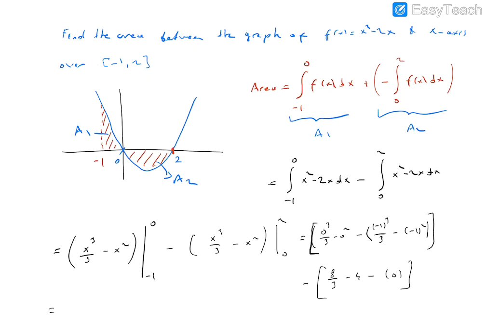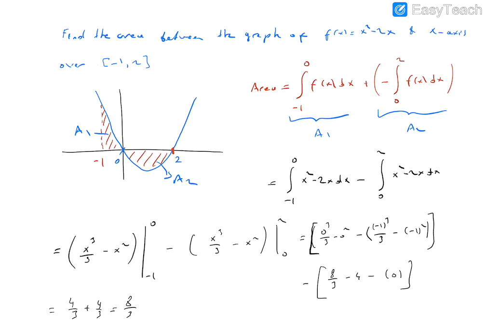Here we have a minus, so this is 4 over 3. It should be positive. And this one also should be positive with this minus factor: 8 over 3 minus 12 over 3 is minus 4 over 3, with this minus, so plus 4 over 3. So as a result, that area is 8 over 3.